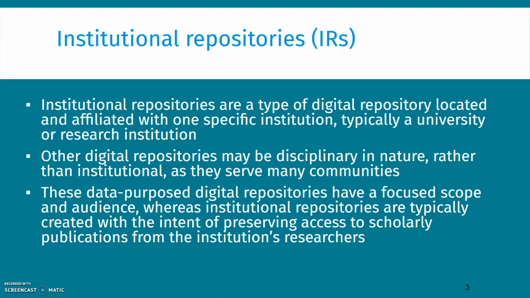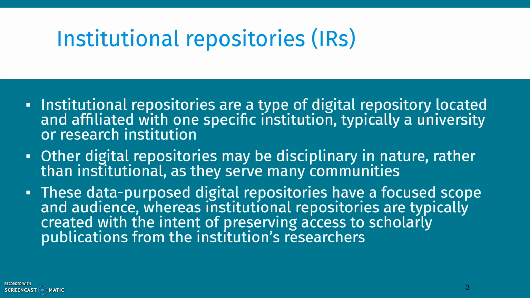An institutional repository, again, is any type of digital repository located and affiliated within one specific institution. These are typically located at a university or a research institution. Other digital repositories may be disciplinary in nature and not linked to one single institution. Rather than any institution, they serve many communities across institutions and exist to serve a discipline.